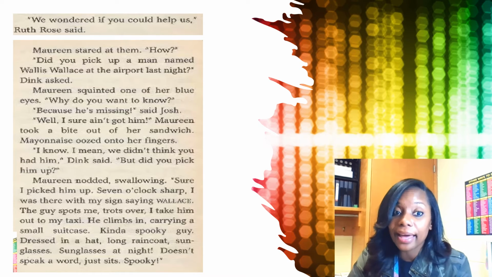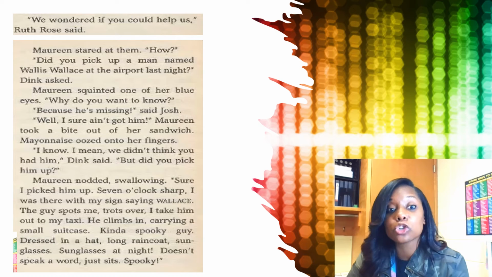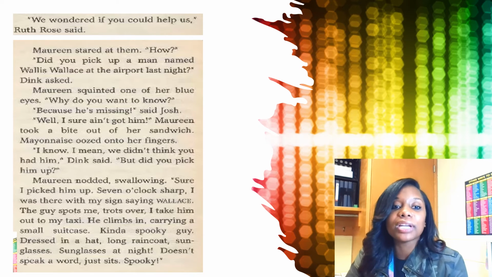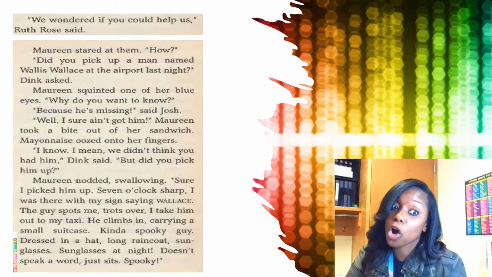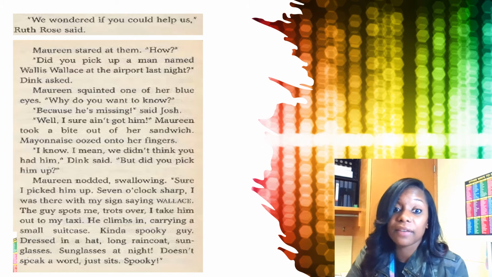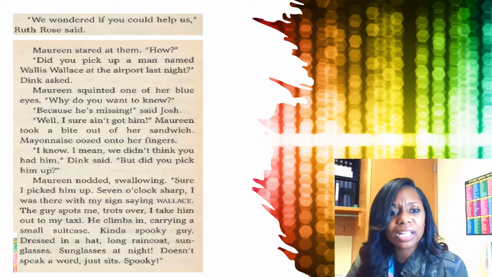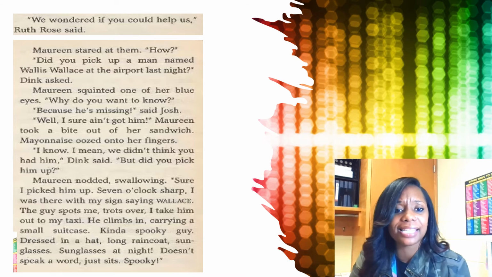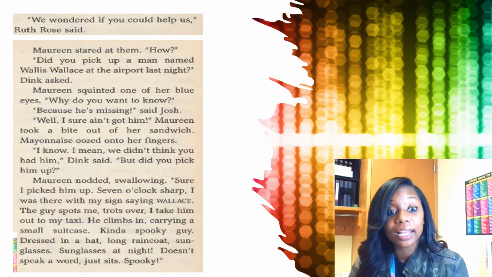We didn't think you had him, Dink said, but did you pick him up? Maureen nodded, swallowing. Sure, I picked him up, 7 o'clock sharp. I was there with my sign saying, Wallace, Wallace, Wallace. The guy spots me, trots over. I take him out to my taxi. He climbs in, carrying a small suitcase. Kind of spooky guy. Dressed in a hat, long raincoat, sunglasses.